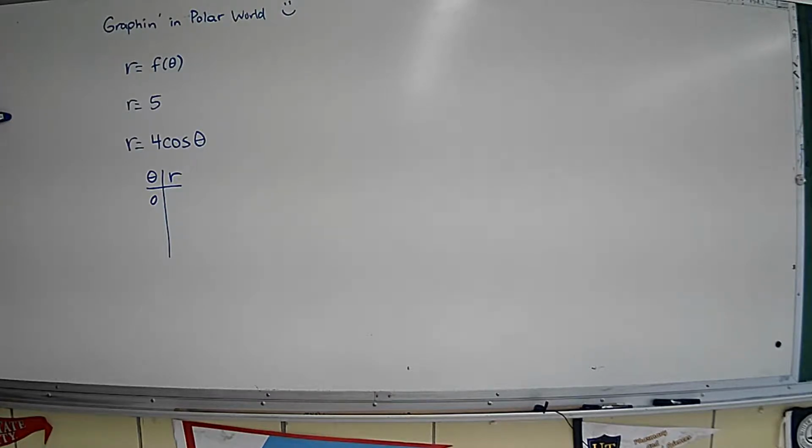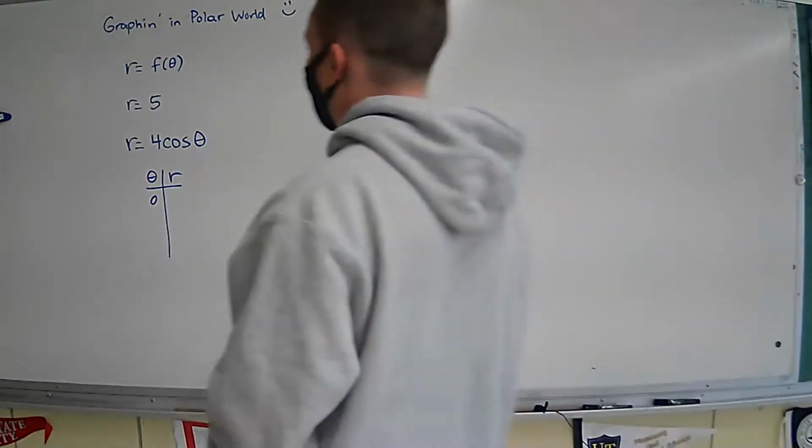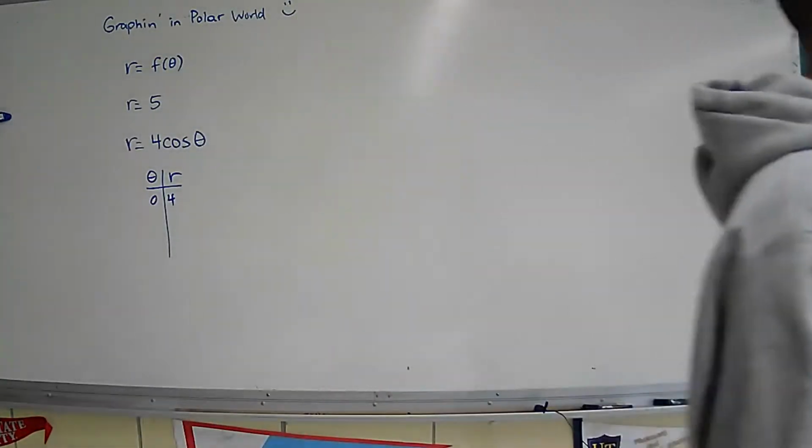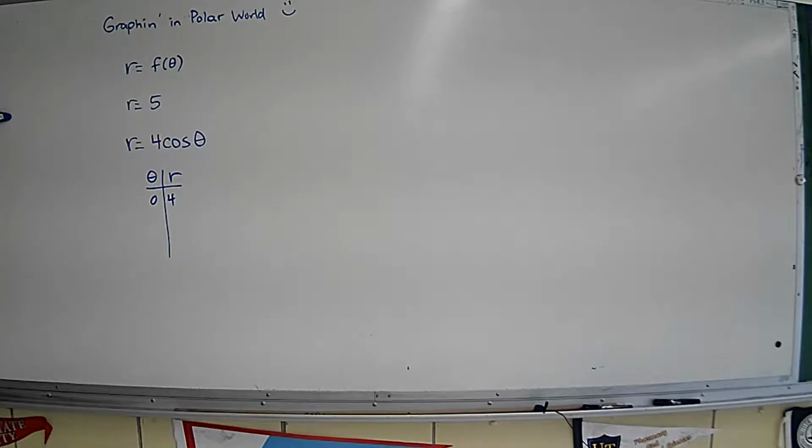The cosine of 0 is 1. And 4 times 1 is 4. So when theta equals 0, r is 4. So right here, when theta equals 0, r is 4. Boom. So the distance that this graph is away from the origin is 4.